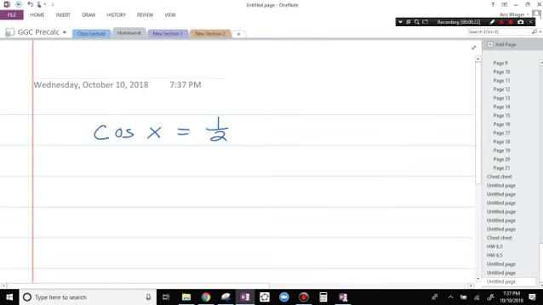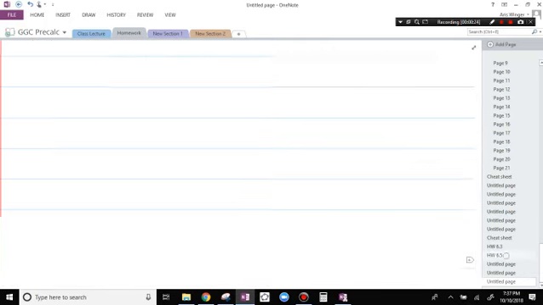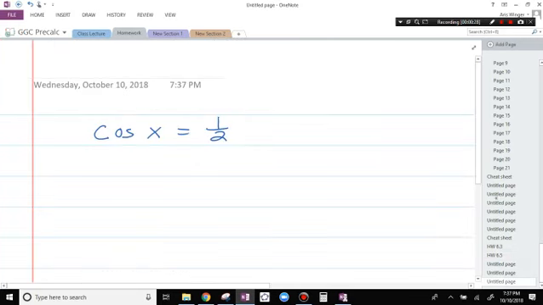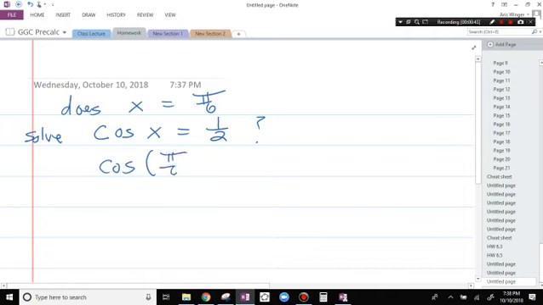And in particular, for the one that we were just looking at, the question was, is pi over 6 a solution to this? That is to say, if you plug in pi over 6, do you get a true statement? The question is, is that true?